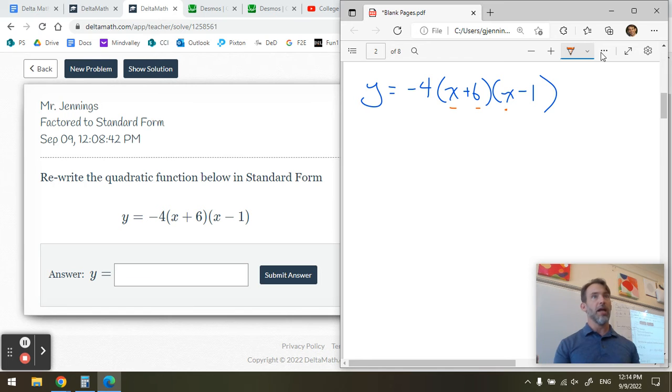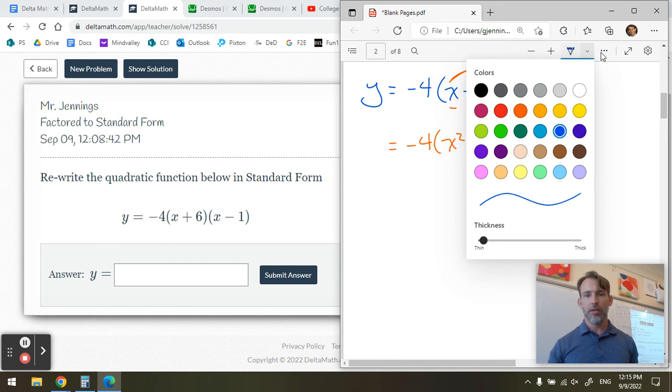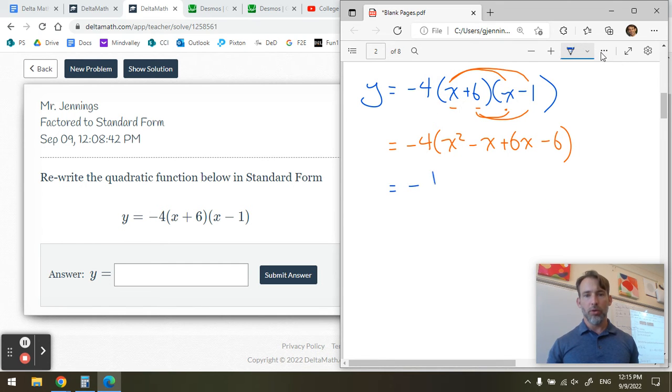You can use the FOIL acronym to keep that in mind. x times x here will be x squared. x times -1 will be minus x. 6 times x will be plus 6x. And 6 times -1 is -6.